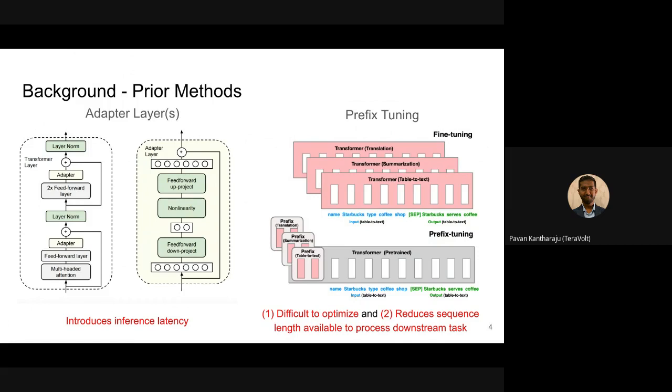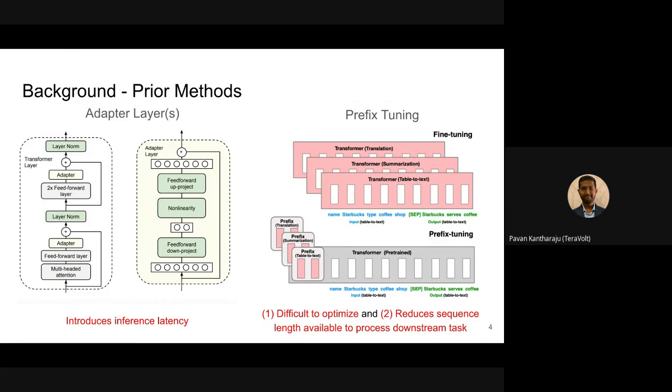Adapters introduce inference latency, and prefix tuning is difficult to optimize, and also the sequence length is reduced because you have to accommodate additional input. And the way I understand adapters is that these are added inside the pre-trained transformer. So you have a transformer layer, and then you have this adapter, which is just a model essentially.